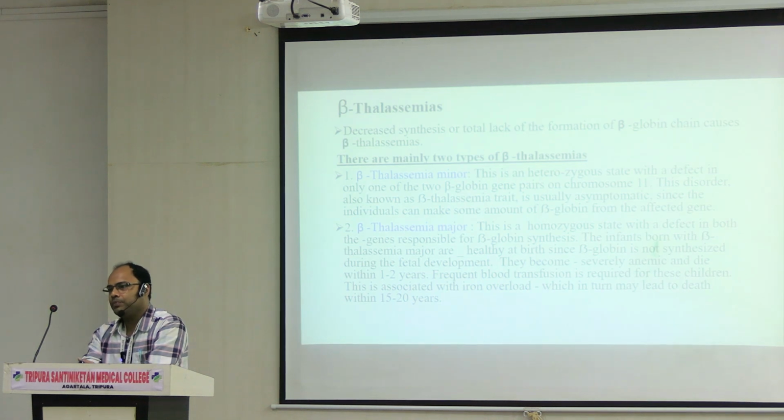Okay, so the baby develops anemia with splenomegaly, and the baby has to go for repeated blood transfusion. Otherwise, the baby cannot survive. This is very common, beta thalassemia.